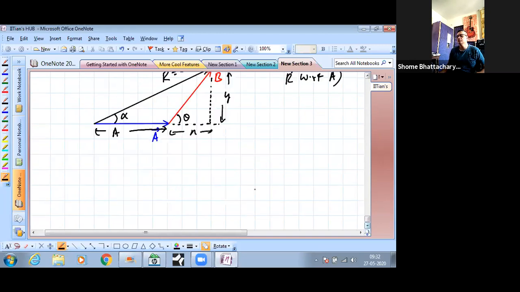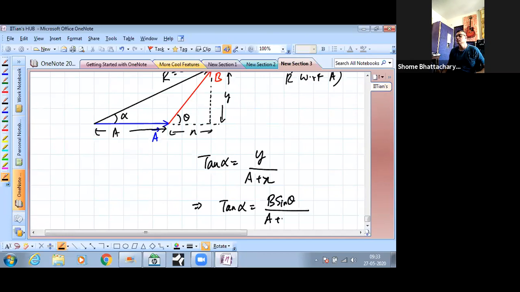So for the larger triangle, you can see that tan alpha is equal to, so tan alpha in this is nothing but perpendicular of the larger triangle, which is y, upon the base, which is A plus x. So now just substitute x and y from what we got earlier. So tan alpha is B sine theta upon A plus B cos theta.